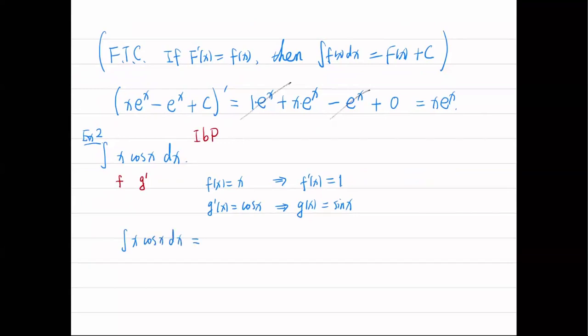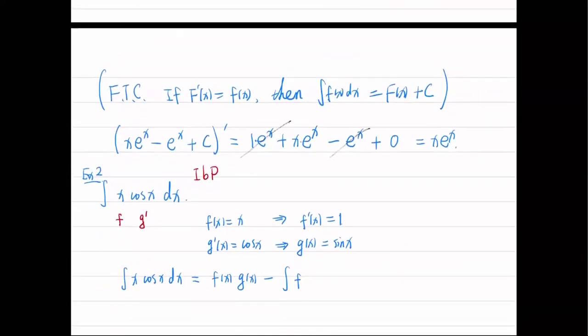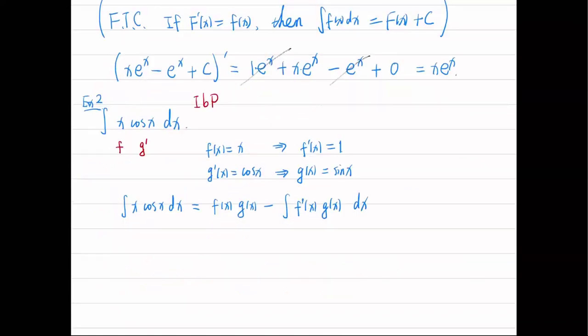My first step will be to copy the formula. That will always be my first step. f g, and check the formula, minus the integral of f derivative g dx. Then we substitute f. We know it's x. g is sine. The f derivative is 1. g is sine.